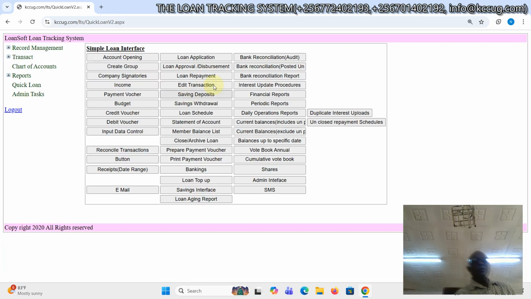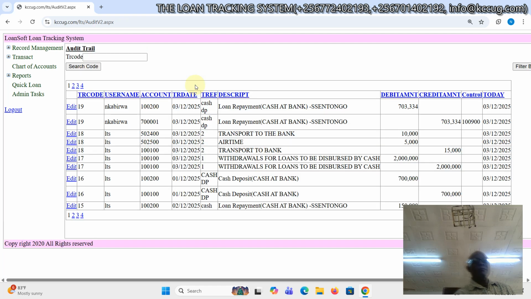If you click on edit transaction, Sentongo's loan repayment is there.